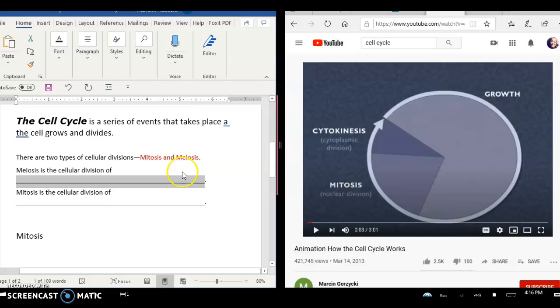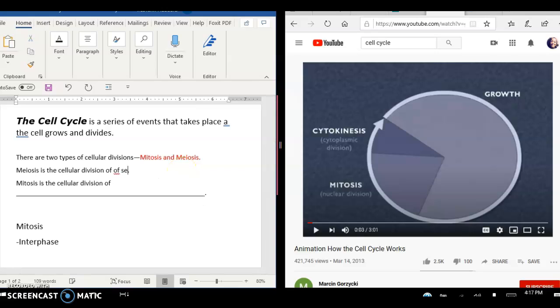Meiosis is the cellular division of sex cells, so the sperm and the egg. Meiosis and mitosis have similar division, but the only difference is meiosis goes through a second phase where it creates four daughter cells.